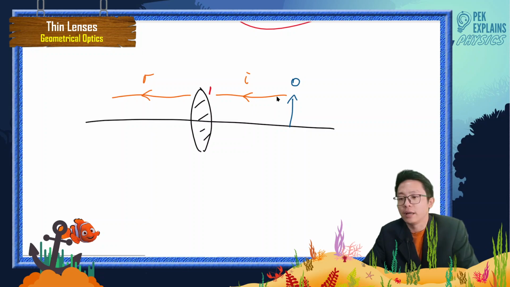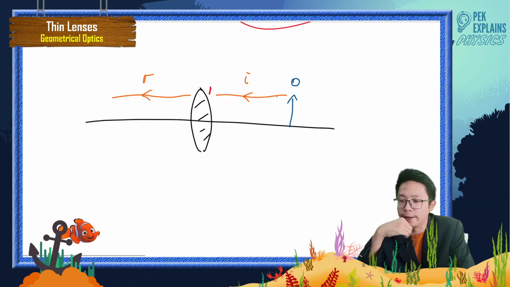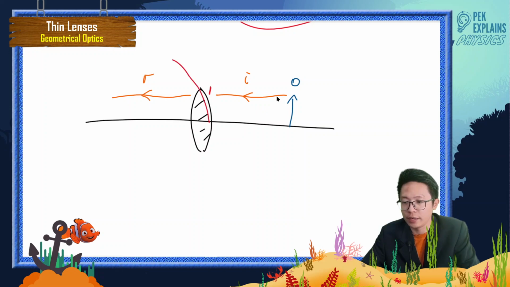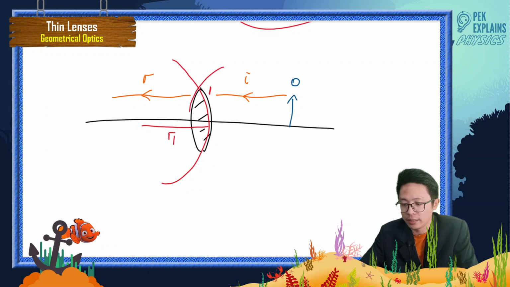where is the radius? Let me show you. This is the first surface. The radius of this first surface is R1. And the other surface, where the refracted ray comes out, is the second surface.